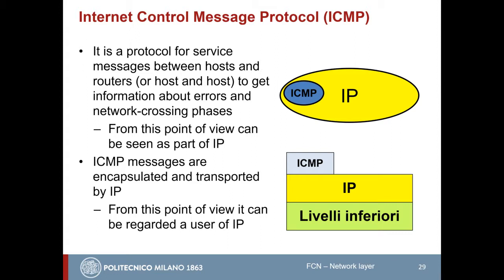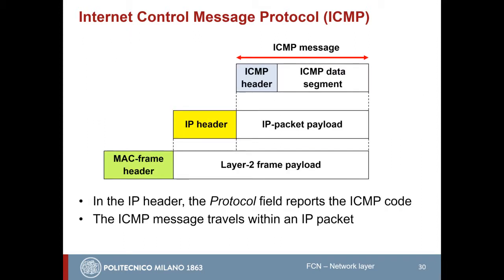So it's a user of IP, even if it is also an accessory of IP. The ICMP message is, as usual, a combination of a data segment and a header.